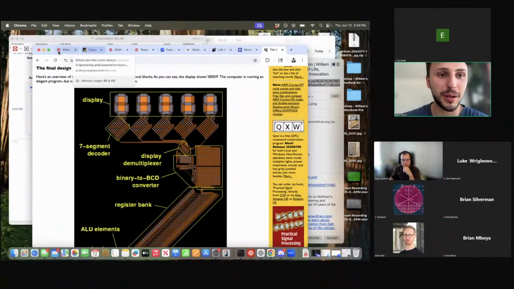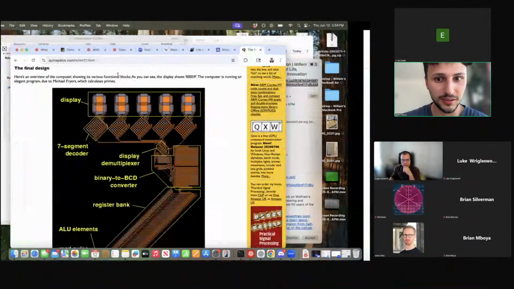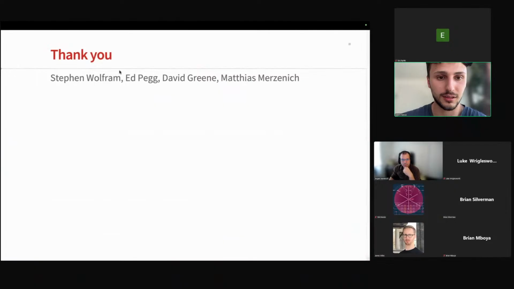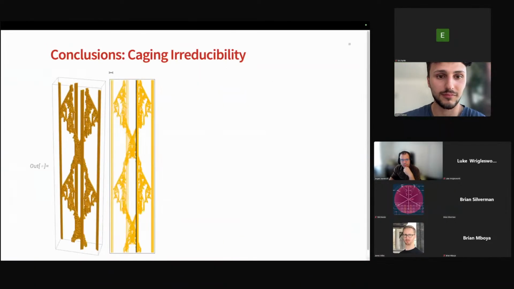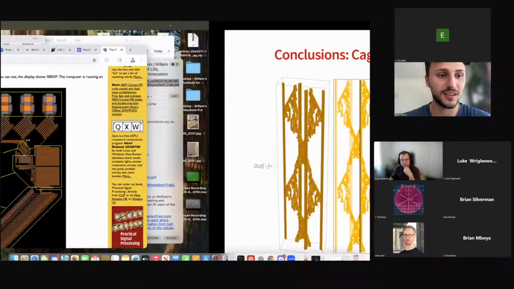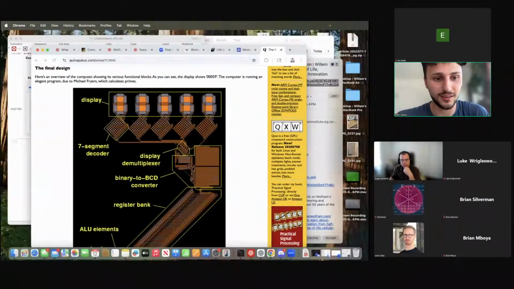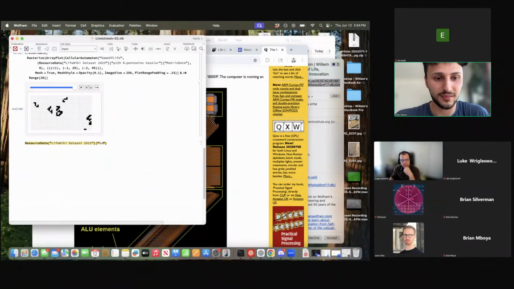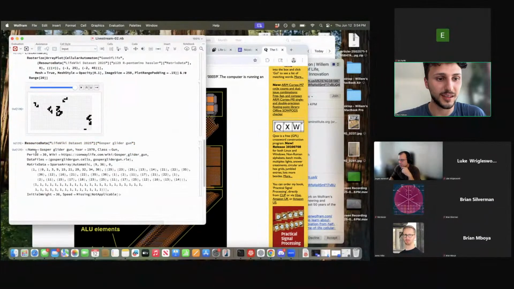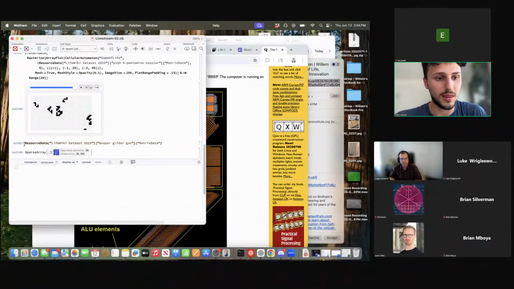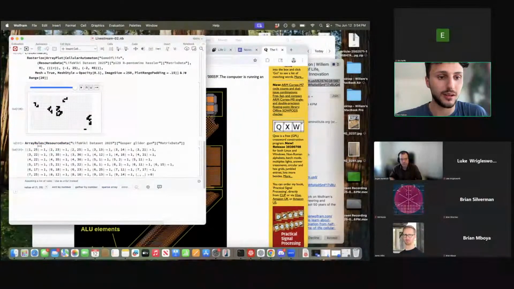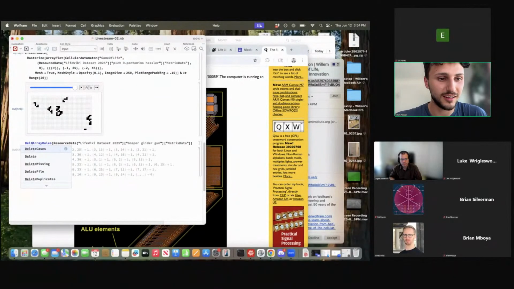Does anyone have a favorite pattern? How about the original glider gun? Okay. So we can take these initial conditions, get the rules for those, and see what happens if we delete a random one.